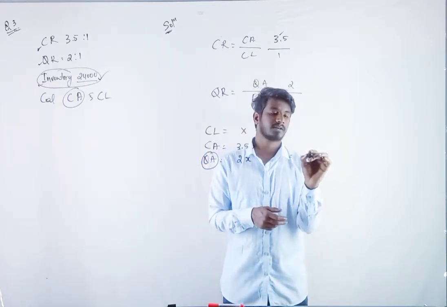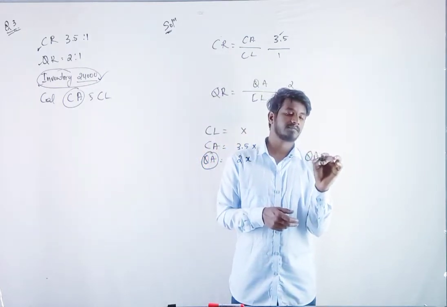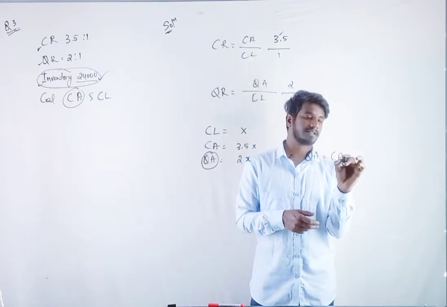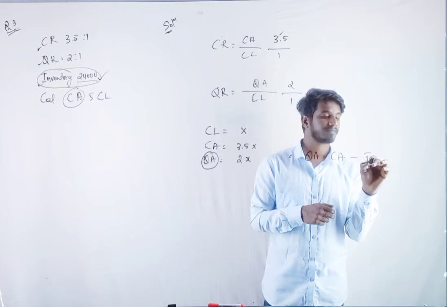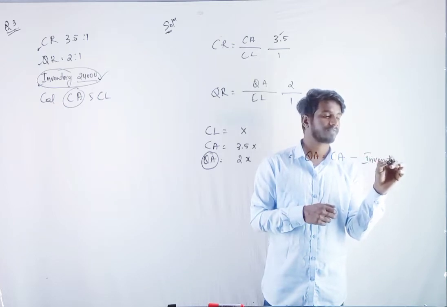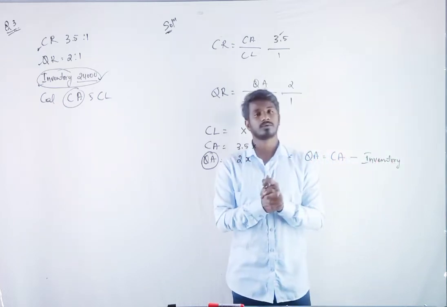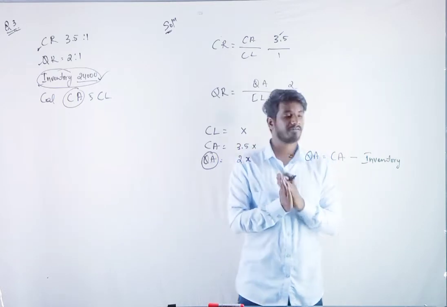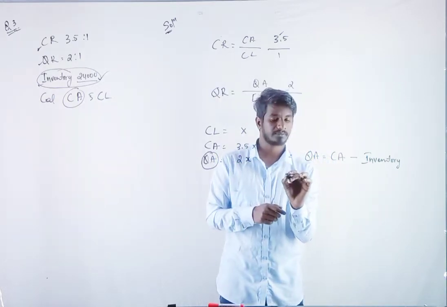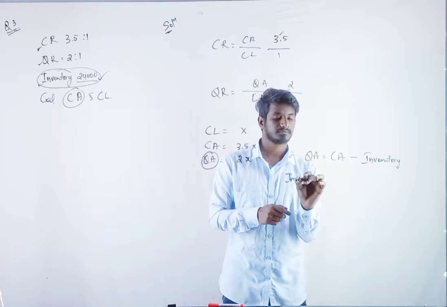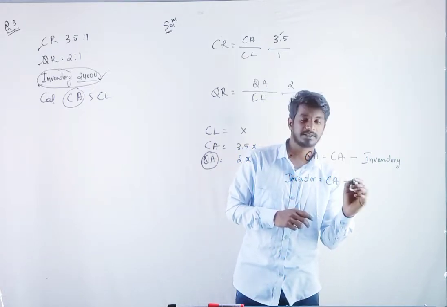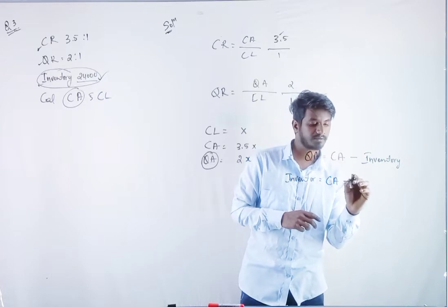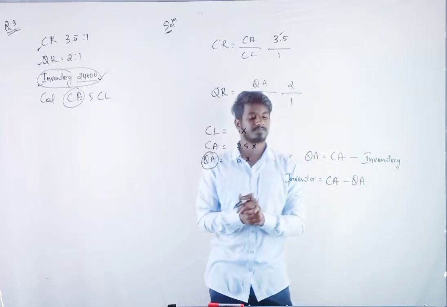Quick asset is equal to current asset minus inventory. So the only information they have given is inventory, right? Inventory is equal to current asset minus quick asset.